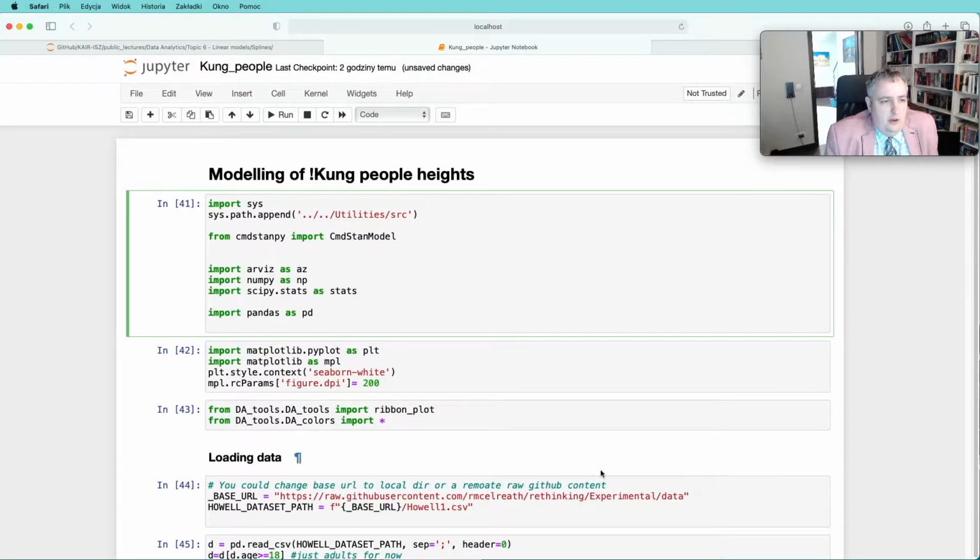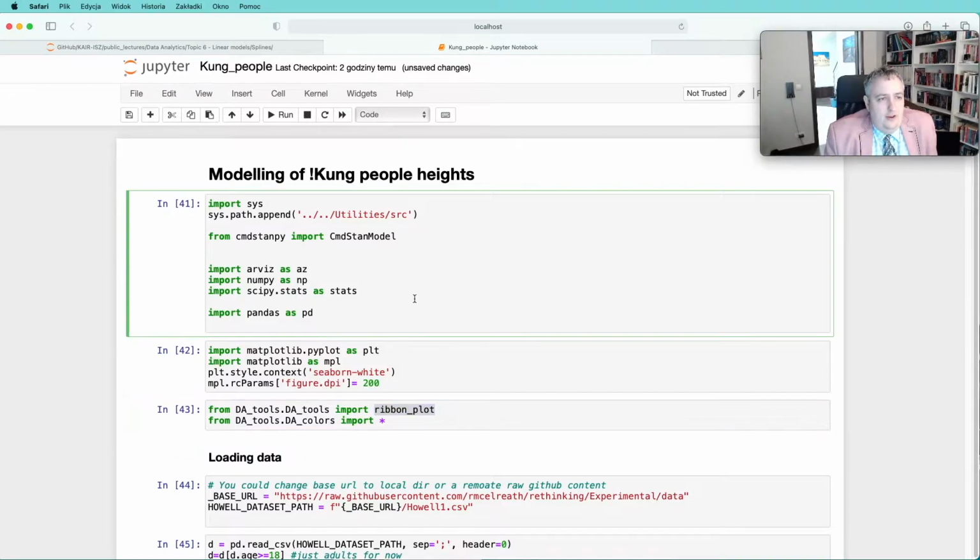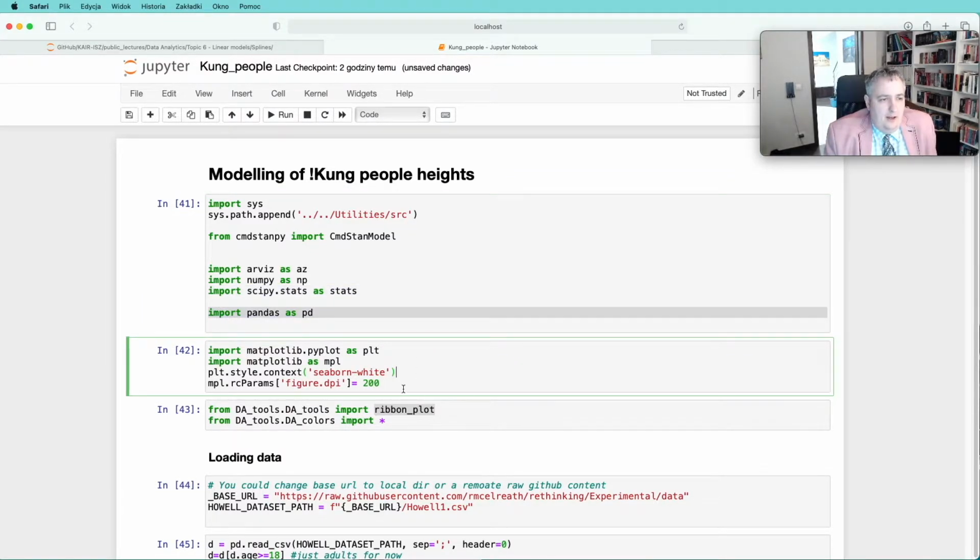That's why it's living here. We are again using the ribbon plot function and of course ArviZ, NumPy, stats, pandas, stuff like that. Standard situation with the Seaborn white style, so the pictures will look nice, and with an appropriate DPI, so they will be larger.